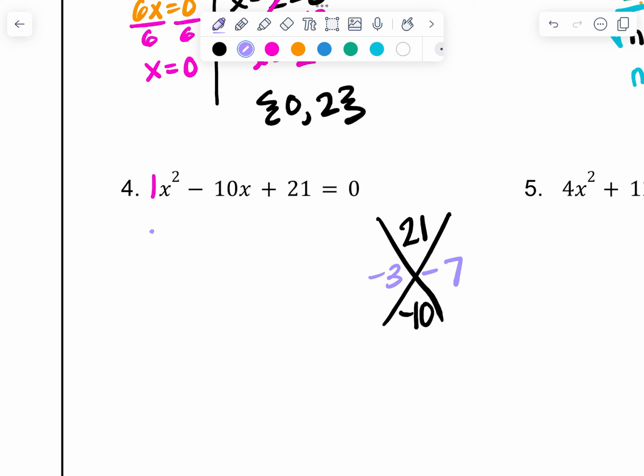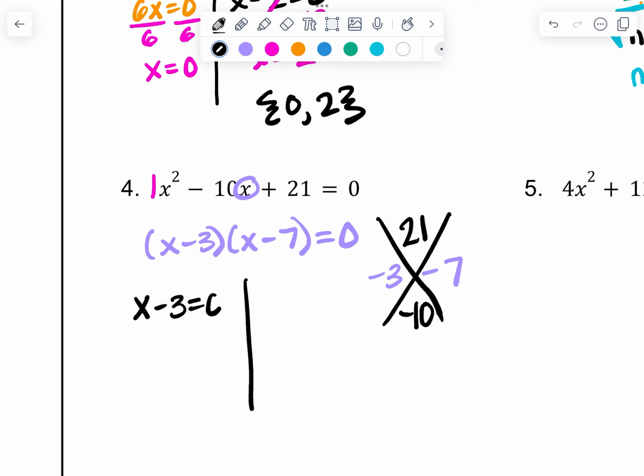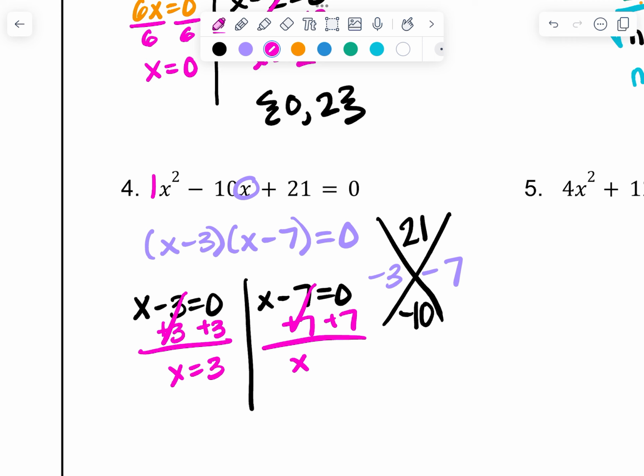Because a is equal to 1, my middle term has x, so my factored form is x minus 3 times x minus 7 equals 0. I still have to solve for each factor. So x equals 3, and x equals 7.